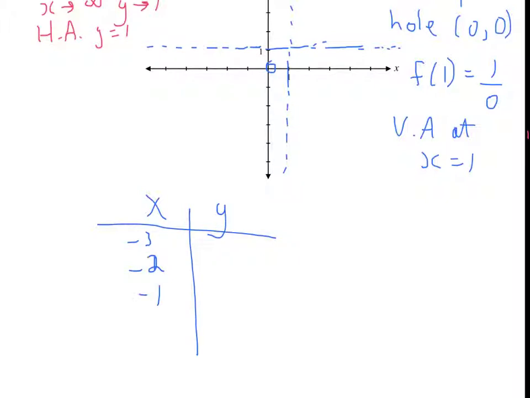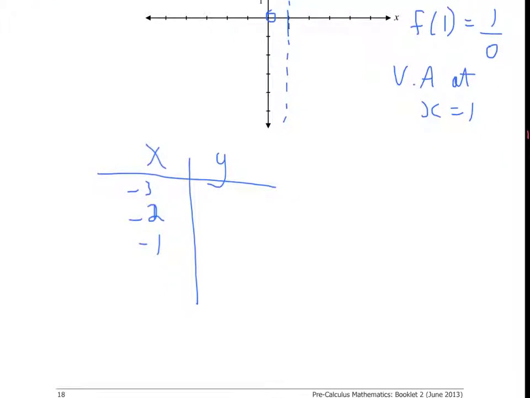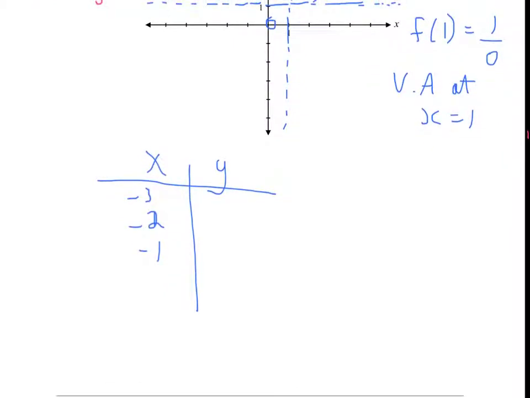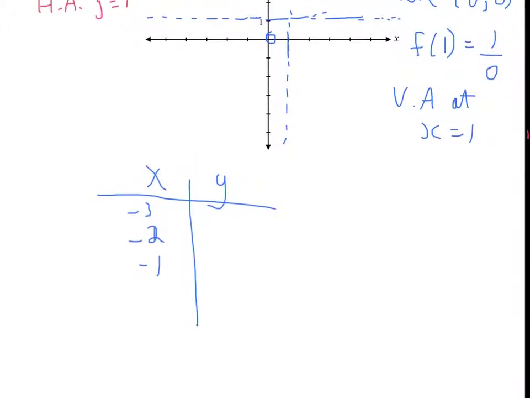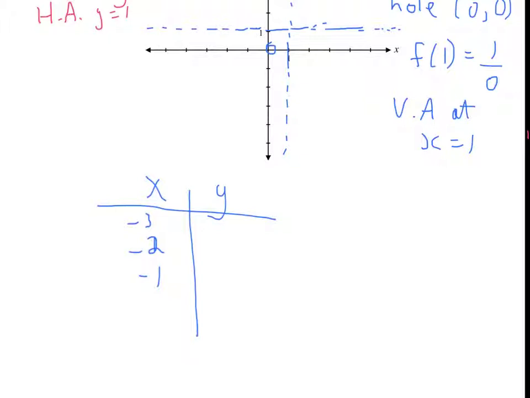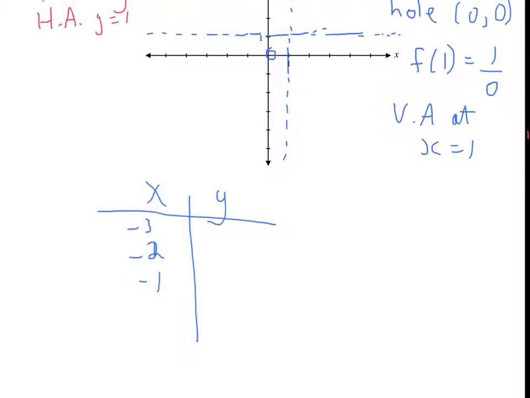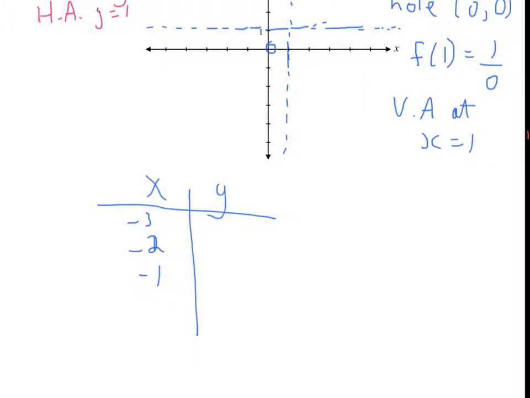And then I'll try 0, but 0 is our hole. So I'm going to skip over that part for now because I know 0 is my hole. And I'm going to skip over 1 because I know 1 is the asymptote. Now, what I want to do is probably pick some values in between, though, 0 and 1. So I'm just going to pick 0.5. I'm going to try 0.5.